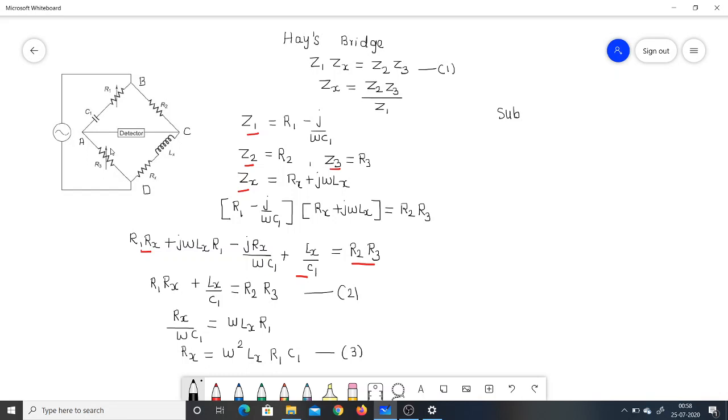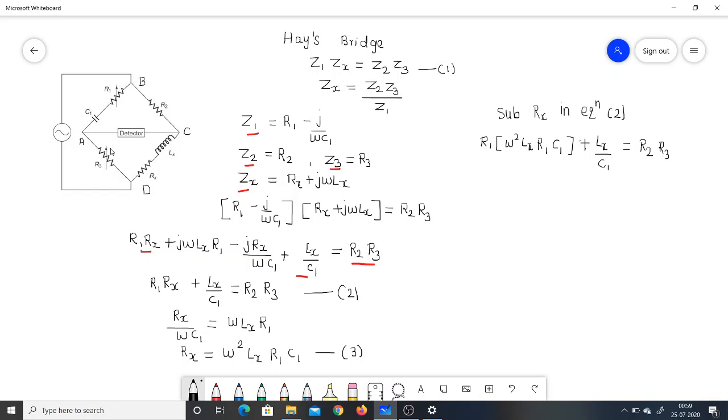Substituting Rx in equation 2, we are going to get R1 into omega square Lx R1 C1 plus Lx divided by C1 equal to R2 into R3.